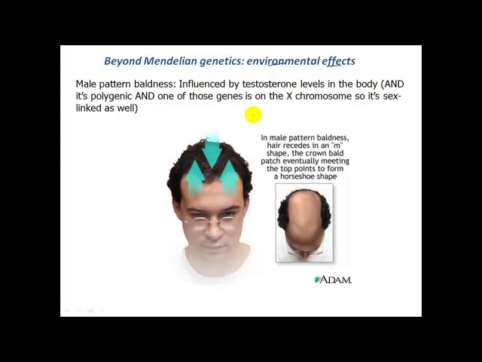A good example of that is seen in humans, where we have this trait called male pattern baldness. This is to differentiate this pattern of baldness from the normal age-related baldness that happens to absolutely everyone, which is baldness over the head as a whole, so thinning of the hair overall.